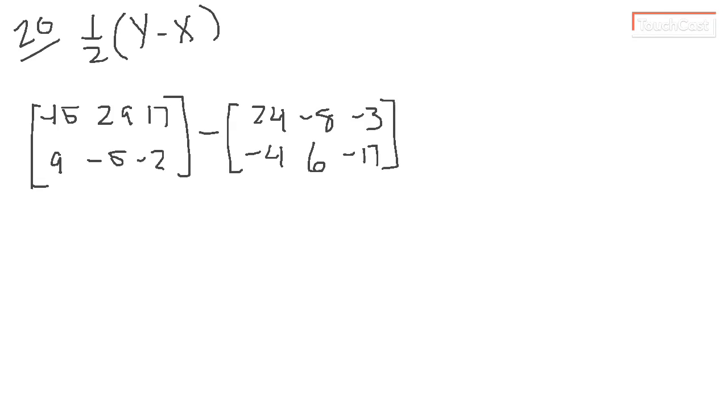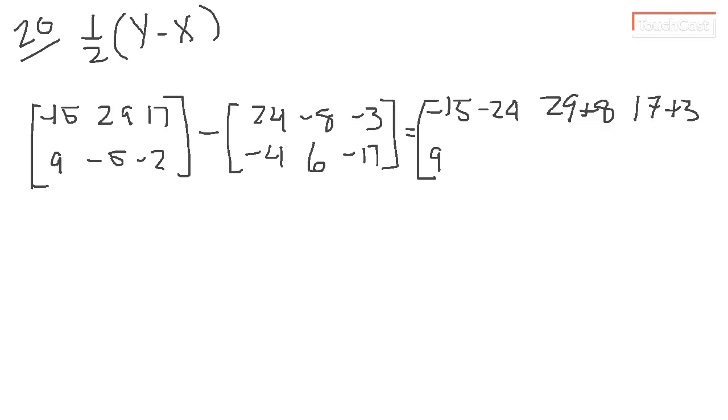So when we do the subtraction, we can write it as follows. -15 minus 24. 29 minus -8 is like +8. 17 minus -3 is like 17 plus 3. 9 minus -4, so 9 plus 4. -5 minus 6, and -2 minus -17, so plus 17.